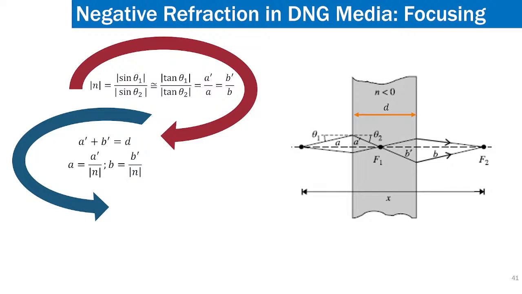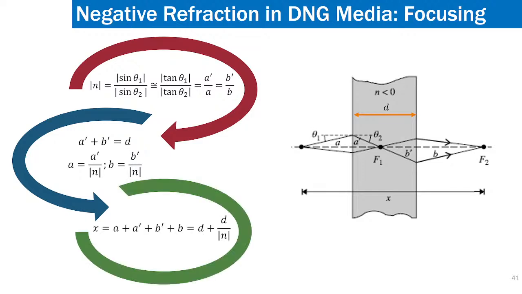We already know n is equal to A dash by A, so A is equal to A dash by n. Similarly, B is equal to B dash by n. Now find out what X will be. X, which is the focal distance, is equal to A plus A dash plus B dash plus B. For A we put A dash by n, for B we put B dash by n.